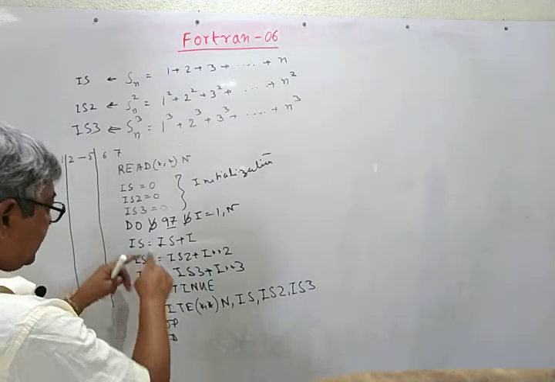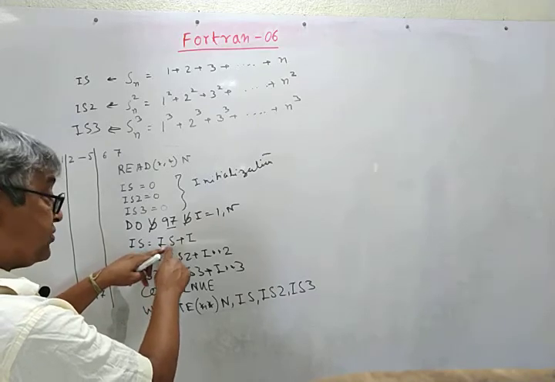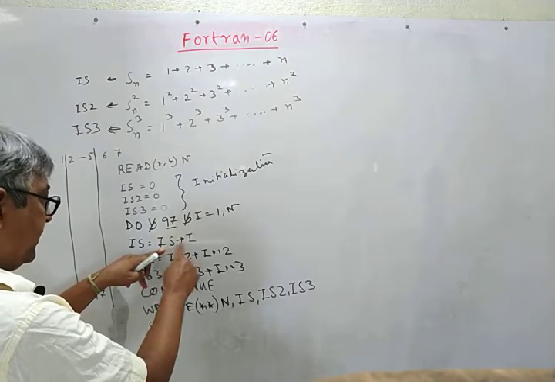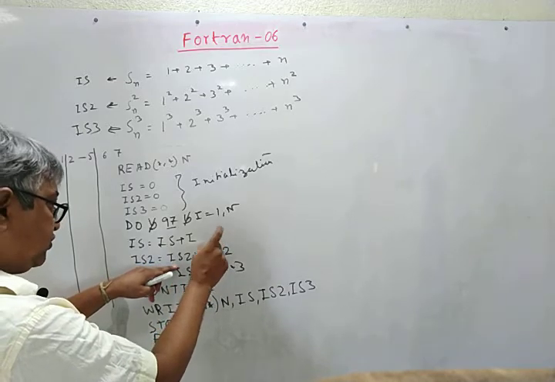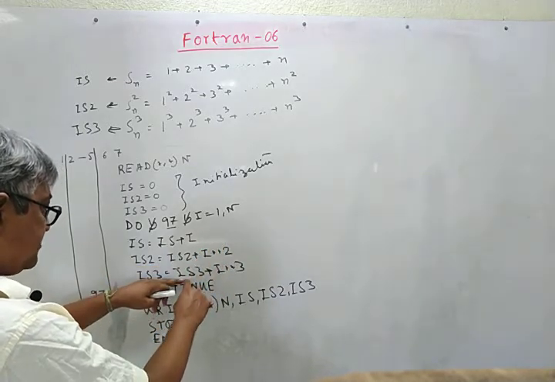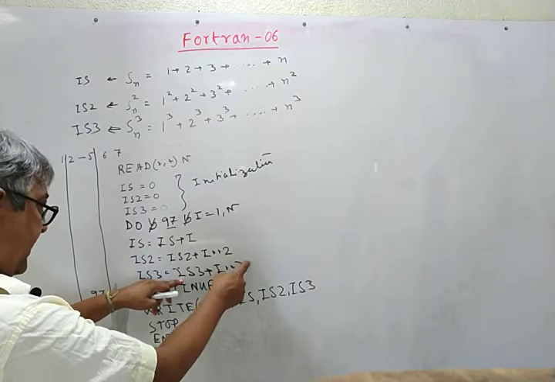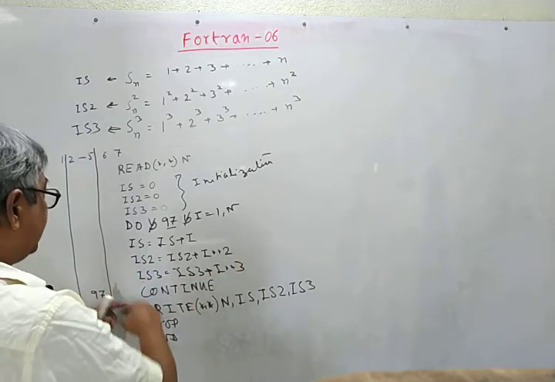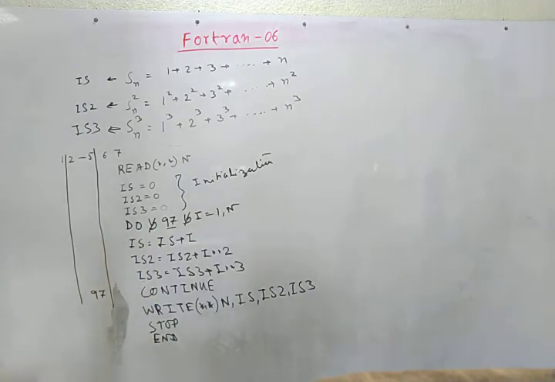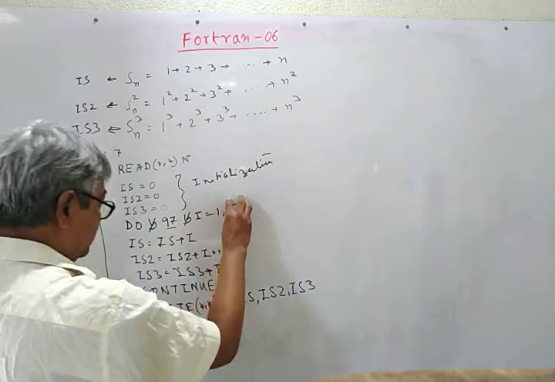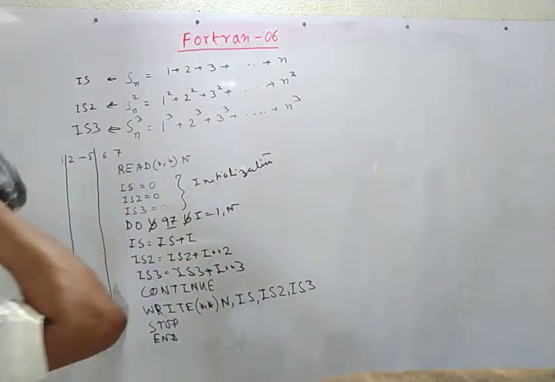In this case is was 1 in the previous step, so 1 plus 2 is 3. is2 is 1 plus 2 square, 4, so this is 5, and is3 is 1 plus 2 cube, 8, so it is 9. Again it goes back here, and this continues until the last value, n, is attained.